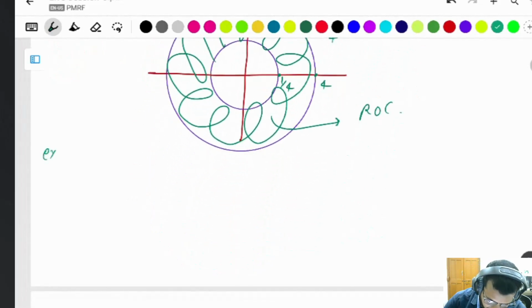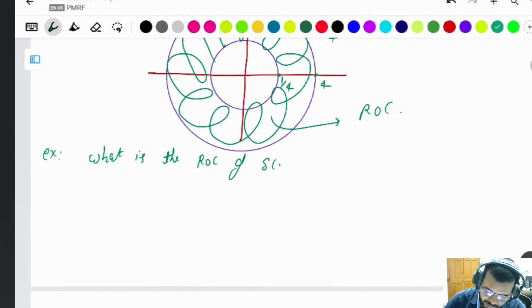What is the ROC of delta n, a unit impulse discrete signal? What is the ROC of this one? ROC is defined where the signal is absolutely summable.